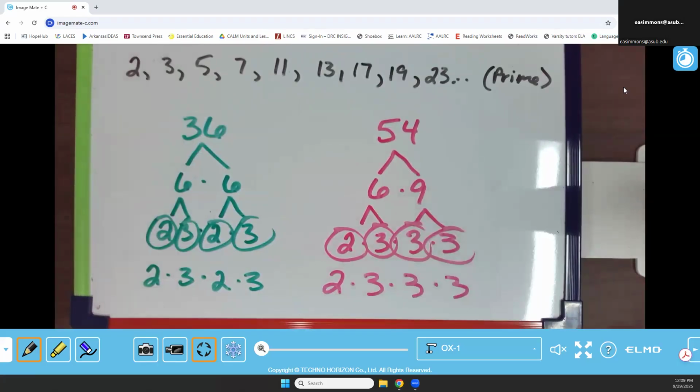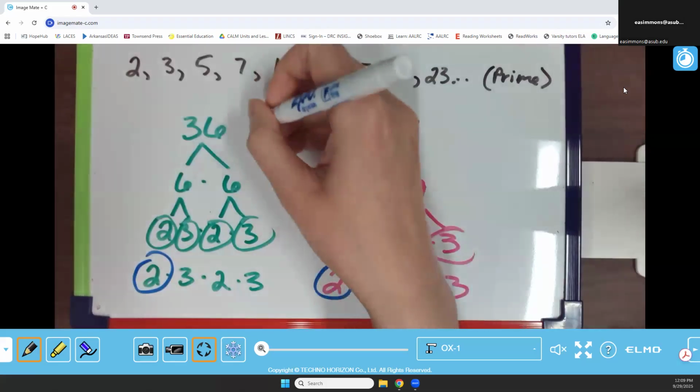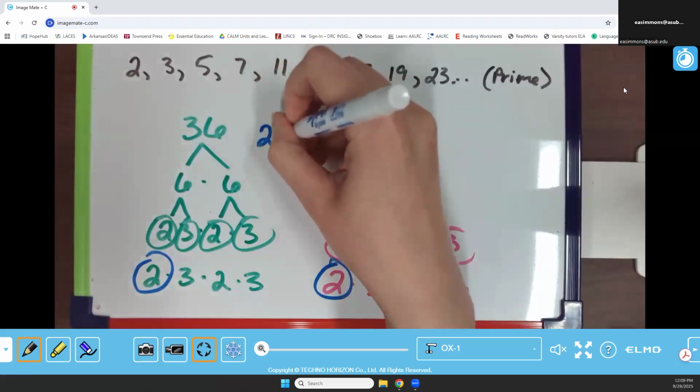When I'm looking for greatest common factor, I'm going to circle the prime factors that our two numbers have in common. So 36 has a 2, 54 has a 2, so that's a 2 they have in common. I'm going to write these up top.